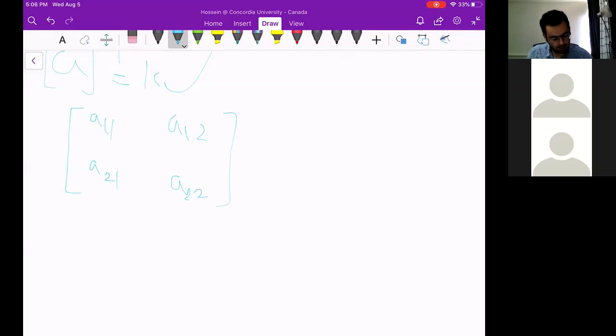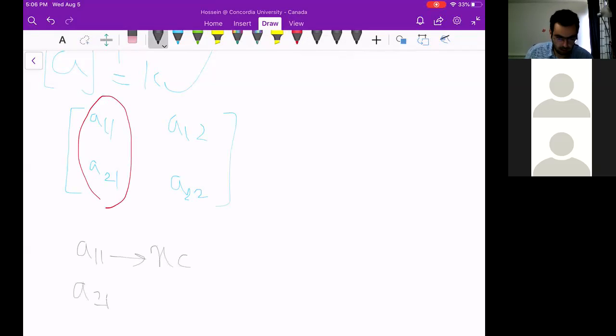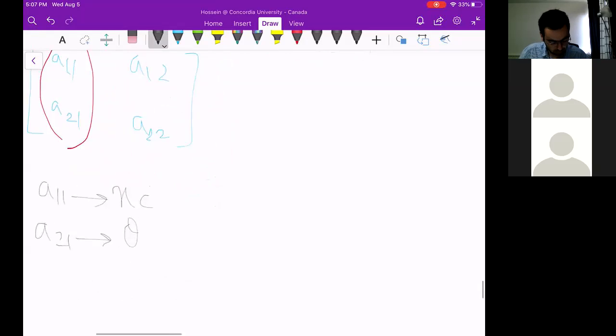So the first column, let's call A11, is the translational movement X of C, and A21 is the corresponding theta. This is the static equilibrium position.